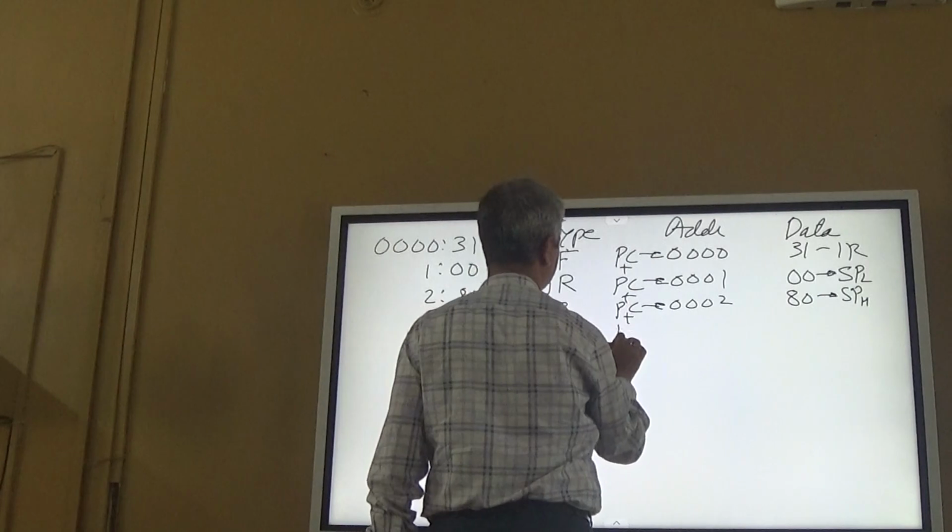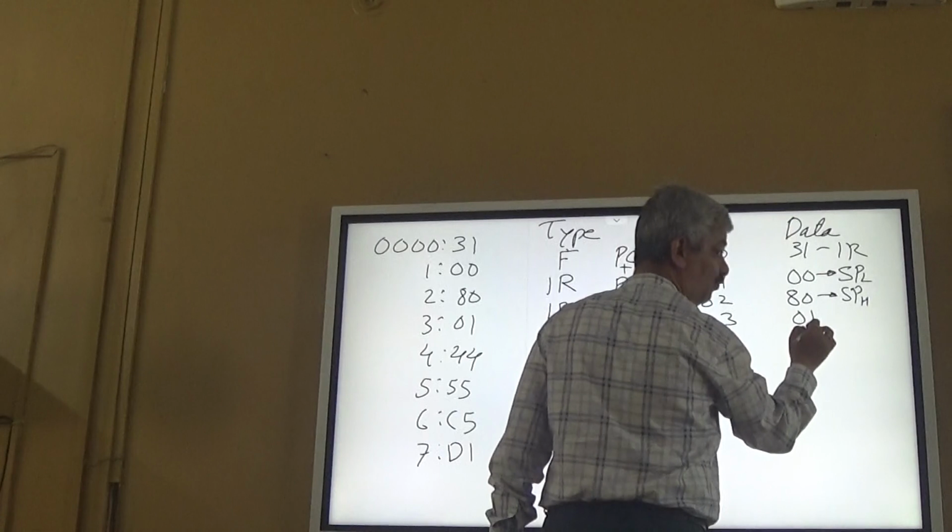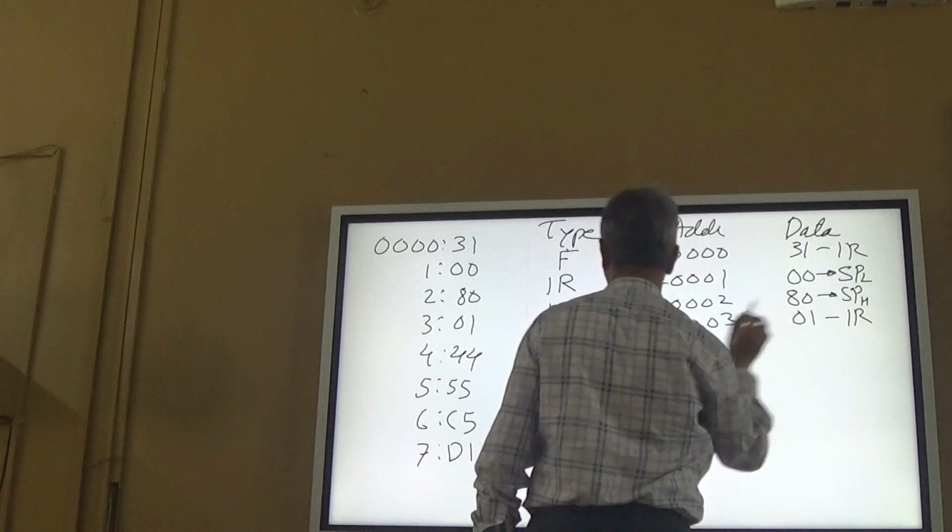Now fetch, program counter giving 0003, 01 going to IR.